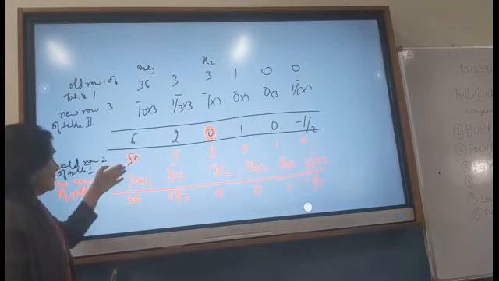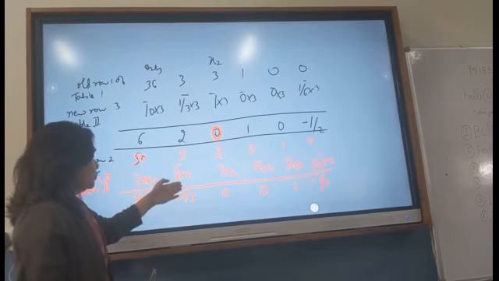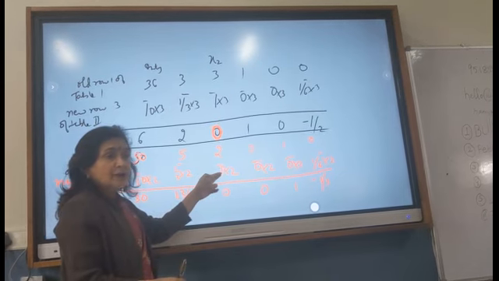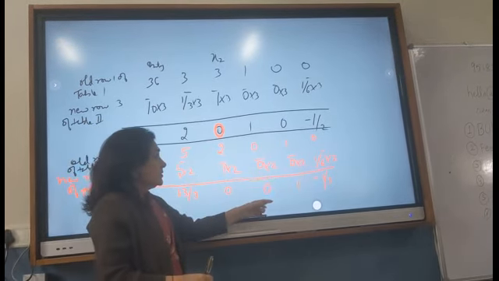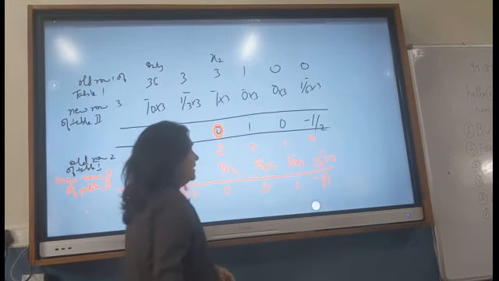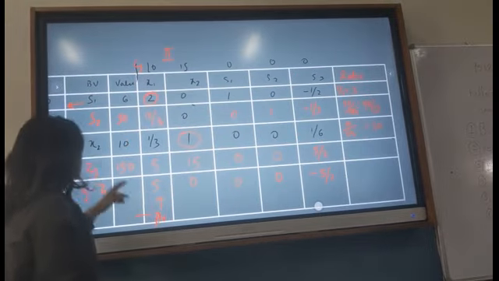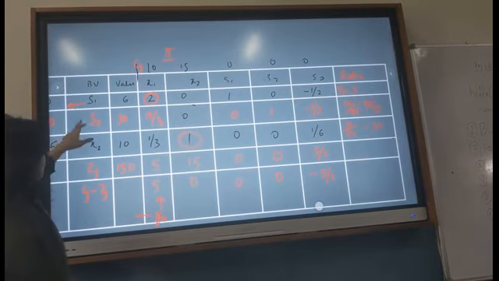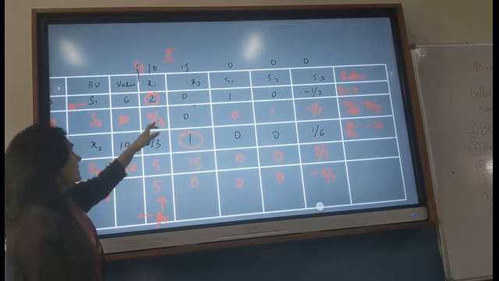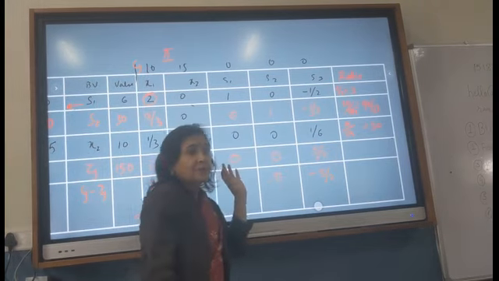So I will get 10 minus 20 is 30, 5 minus 2 by 3 is 13 by 3, 2 minus 2 is 0, 0, 1, minus 1 minus 1 by 3. This now I write in table 2. S2, its profit contribution is 0: 30, 13 by 3, 0, 0, 1, minus 1 by 3.